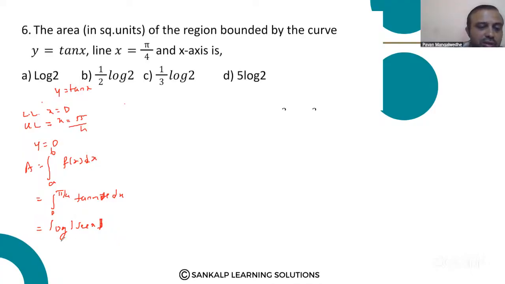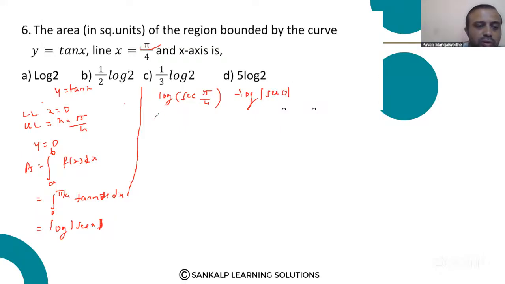So that can be written as log of sec of pi by 4, because it is given that the upper limit is pi by 4, minus log of mod of sec 0, the lower limit.